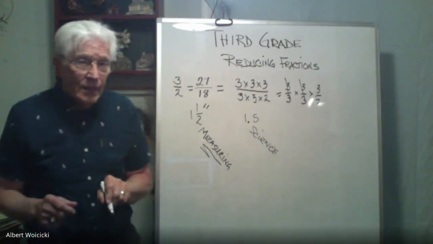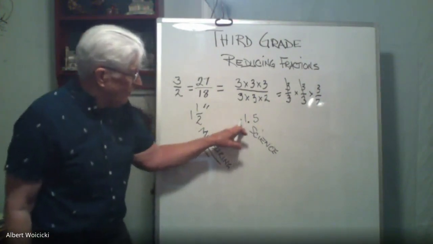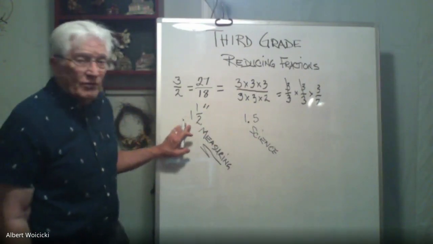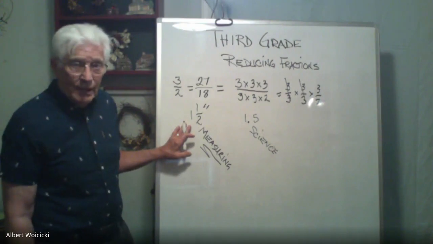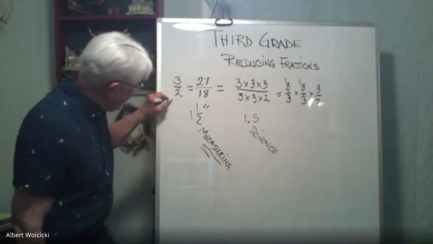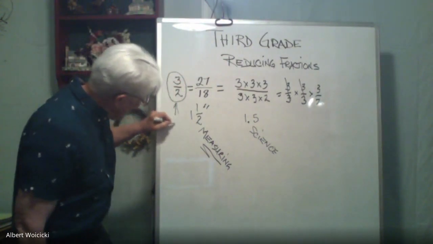Okay? So it doesn't pay to put it like this, and it doesn't mean much to put it like this unless we're measuring something. This is a pure fraction. Leave it alone when it comes to math.